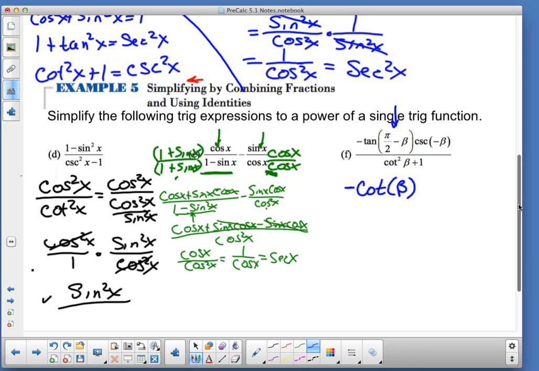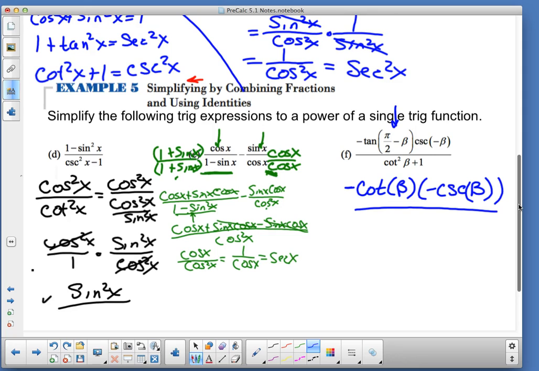Remember, I was able to do that because of cofunctions. Cosecant of the opposite of beta becomes negative cosecant beta, because cosecant is an odd function. I get to take the negative and put it on the outside. And now I've got cotangent beta plus 1.